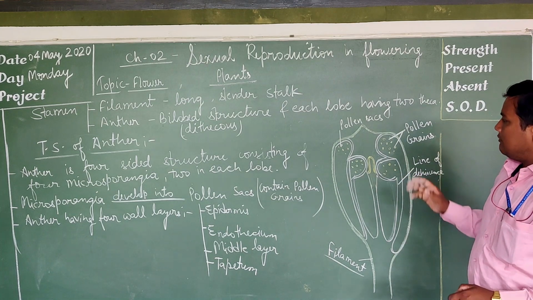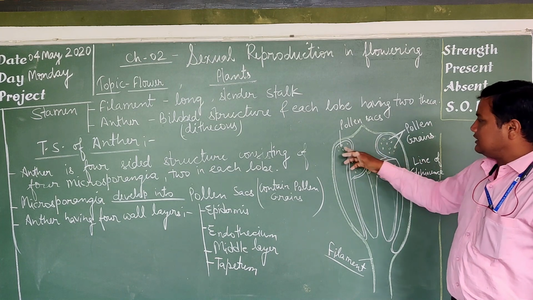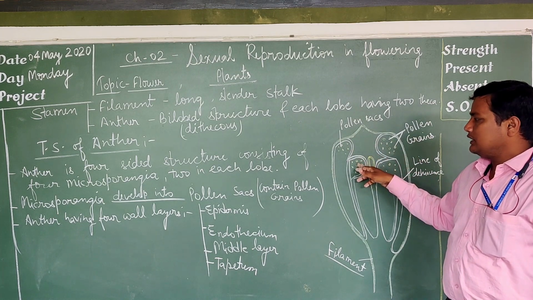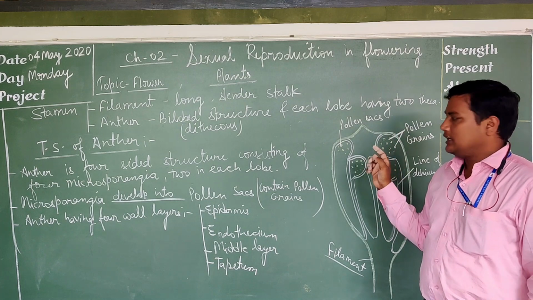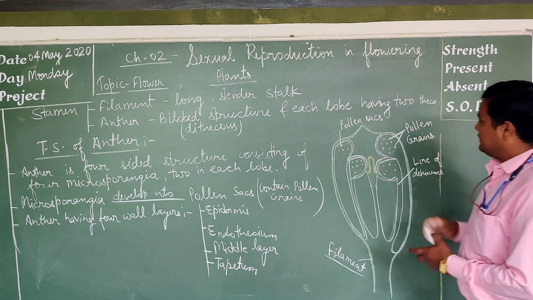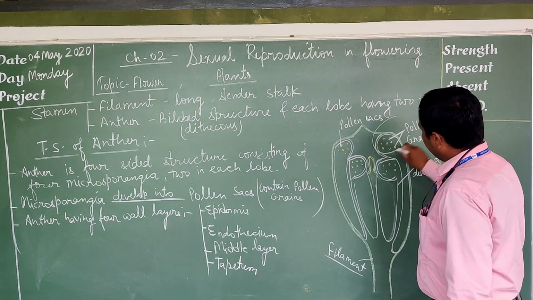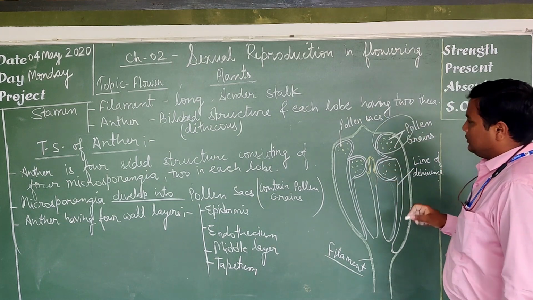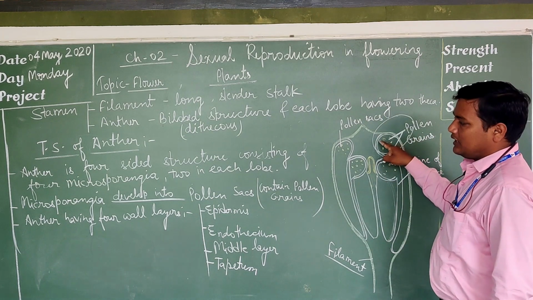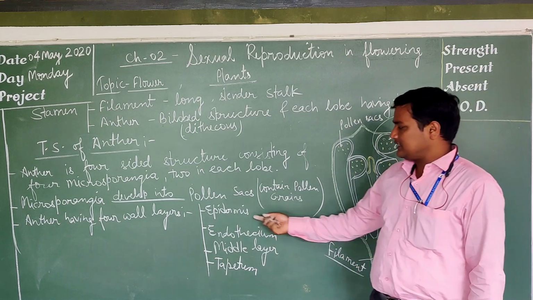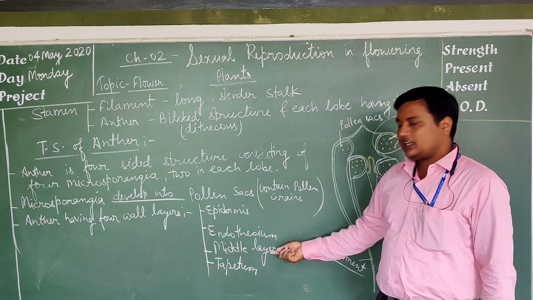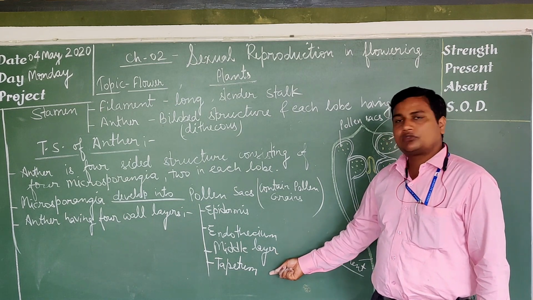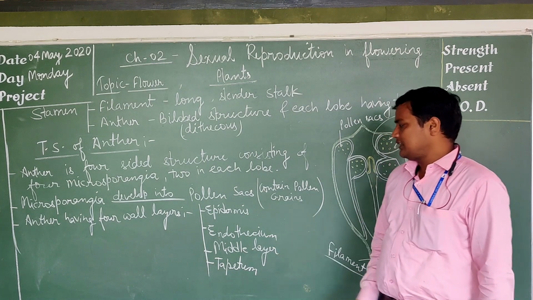So when we cut the transverse section, the anther has four layers. If we see this structure, it is composed of four layers. The first layer is known as epidermis, the second is the endothecium, the third is the middle layer, and the fourth one is the tapetum.